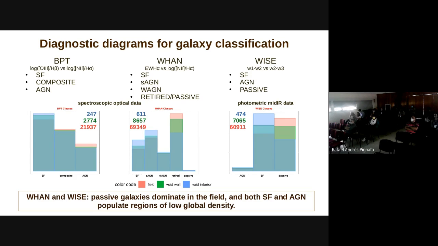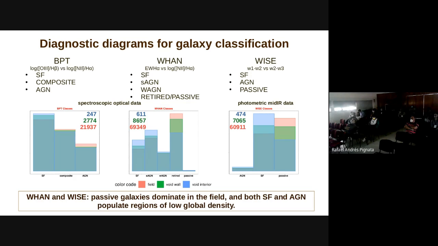The figures show the distribution of the galaxy classes in the 3 criteria, and on the x-axis, if you can read, there are the names of the different galaxy classes. The colors correspond to the large-scale regions.